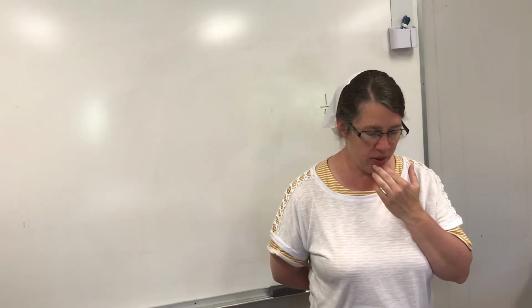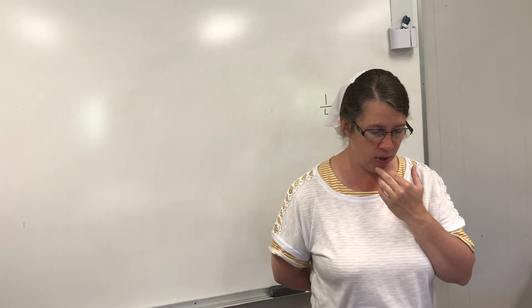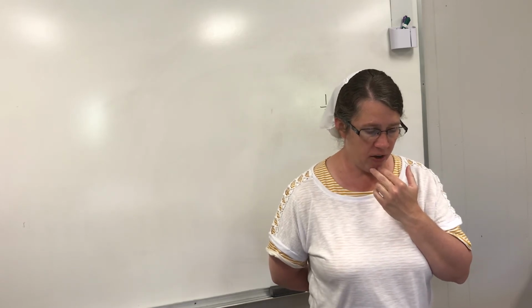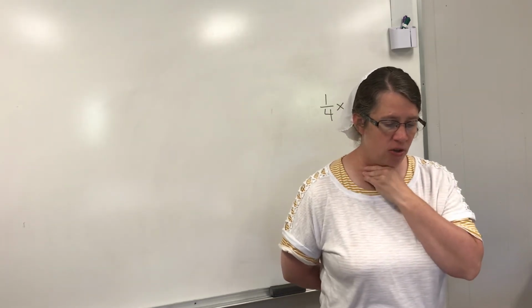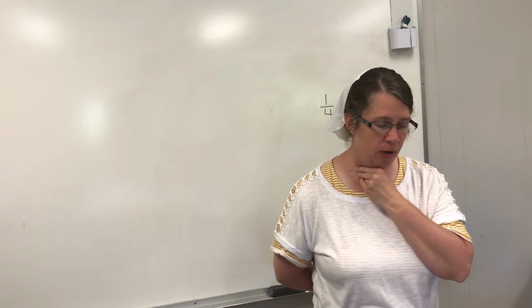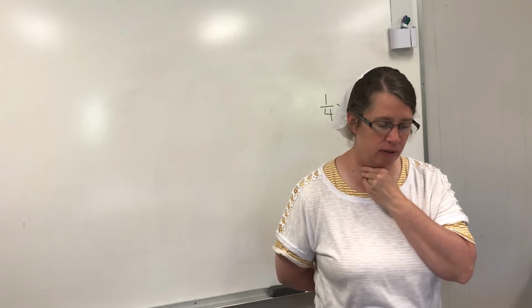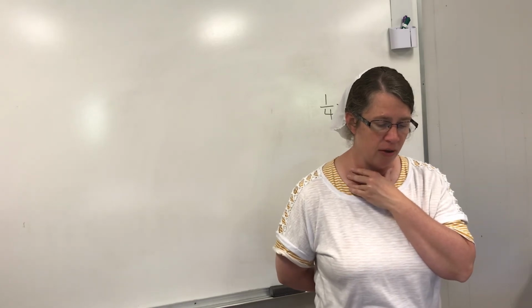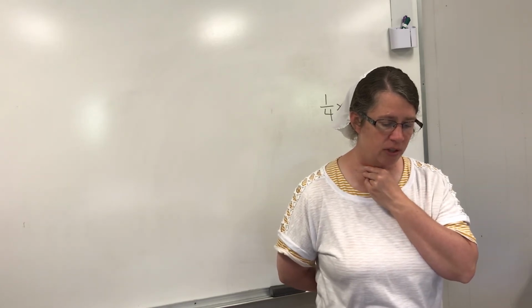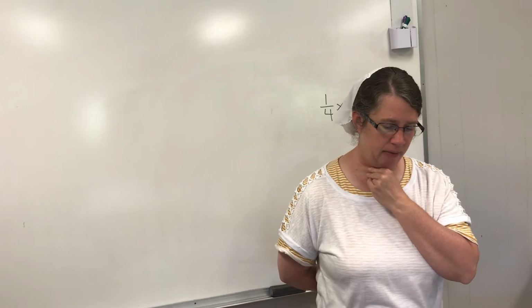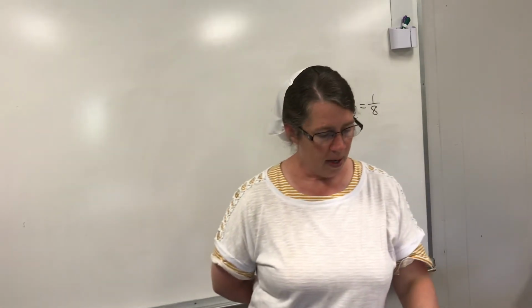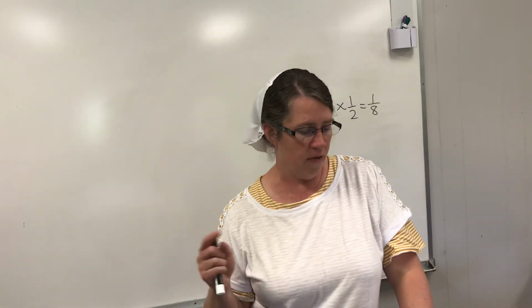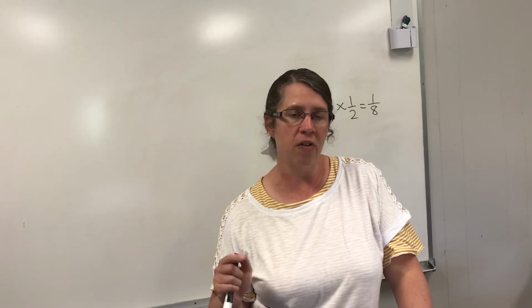On number 23 on page 53, you have a calculator problem. It says Earth has a circumference of about 25,000 miles. Mars has a diameter of about 4,000 miles. Find the difference in the circumferences of the 2 planets. So, they don't give the circumference of Mars. You have to find that first.